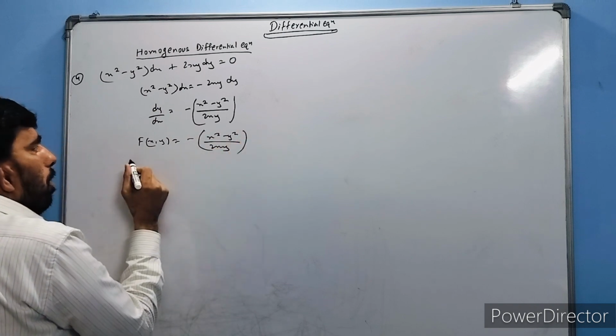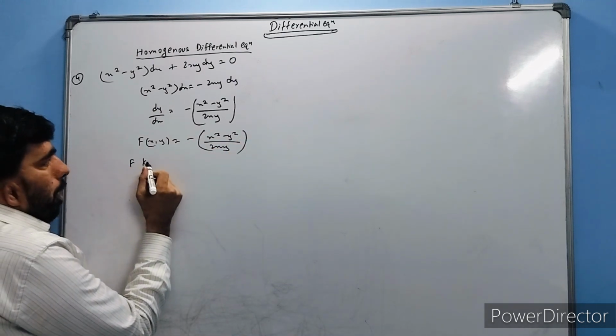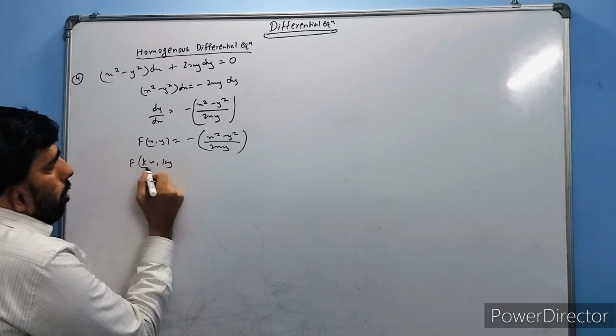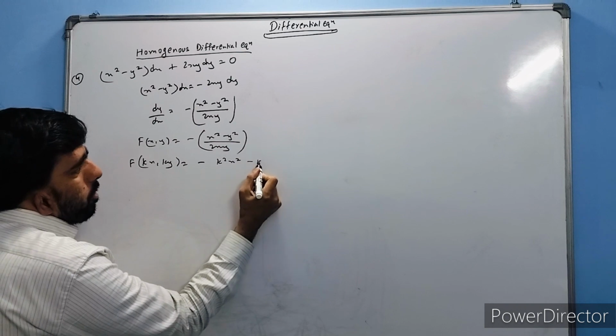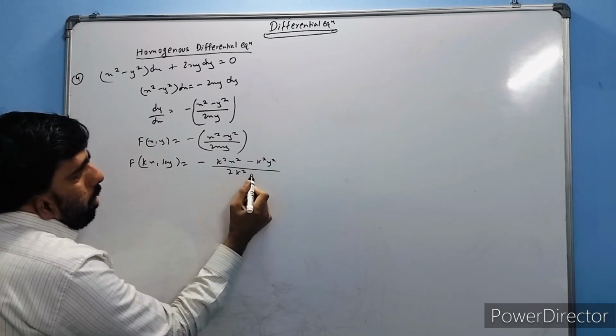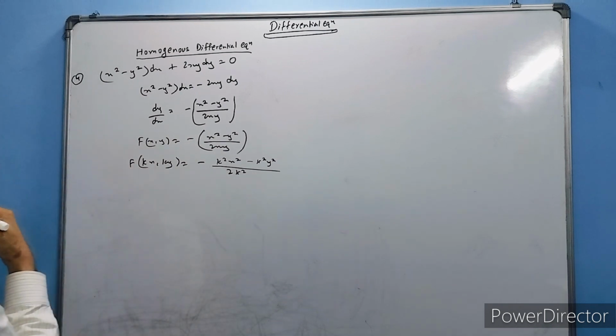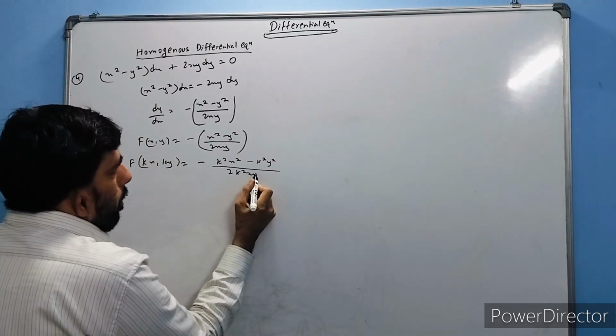So now if I replace x by kx and y by ky, what I got here is minus k square x square minus k square y square upon 2 into k square, since we have put kx and ky, so it will be k square xy.